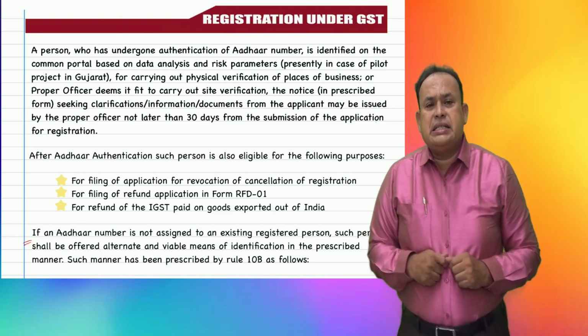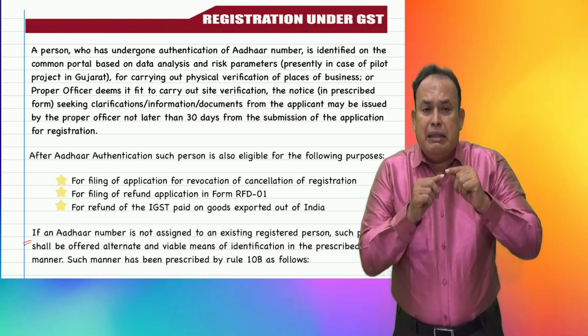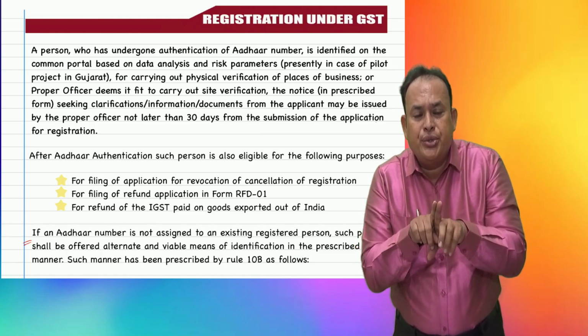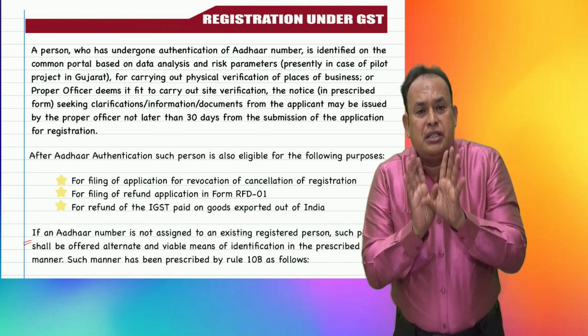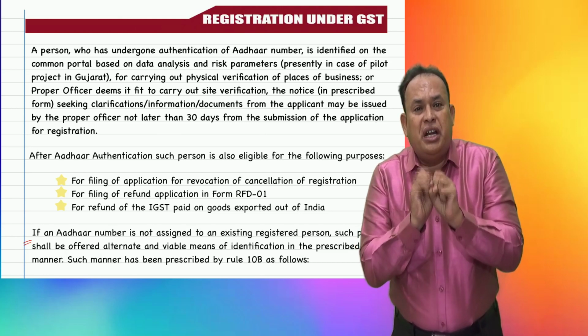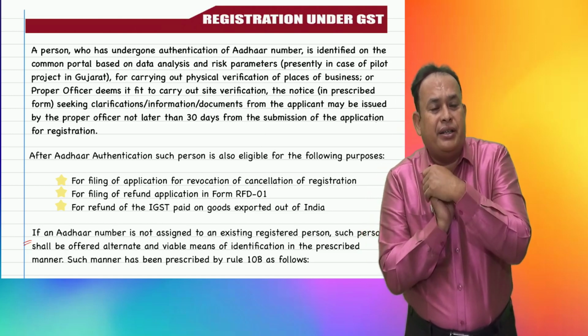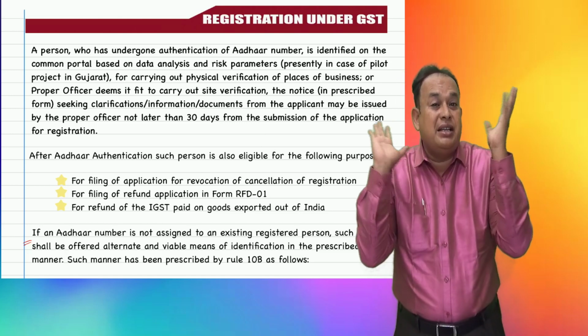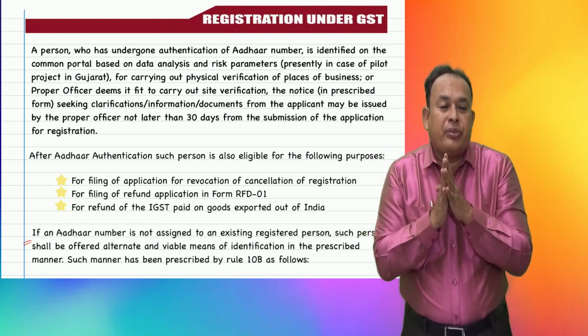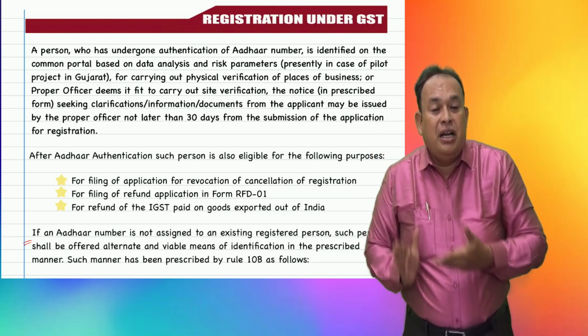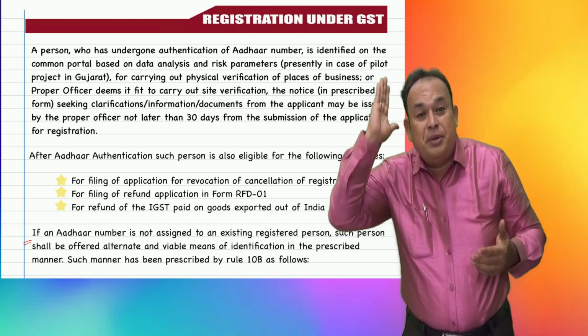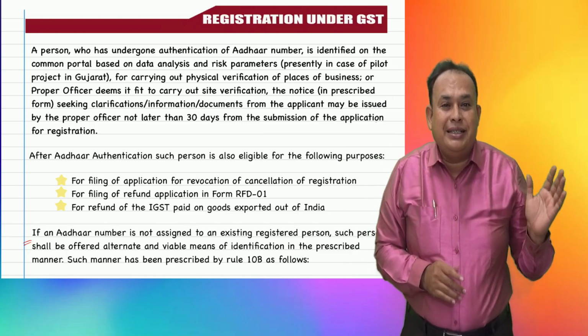In that case, when the Aadhaar authentication has taken place, the system generates the history of that particular applicant to the department officer. Hey, he's a risky fellow. He escaped by not paying the income tax of so many crores, like that.